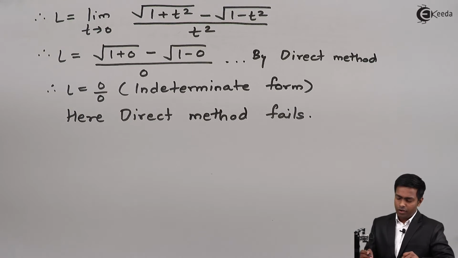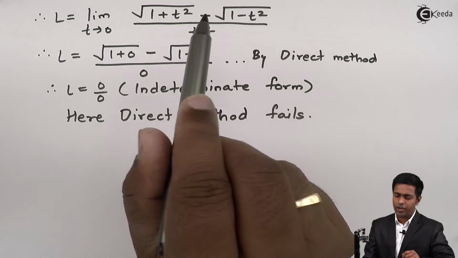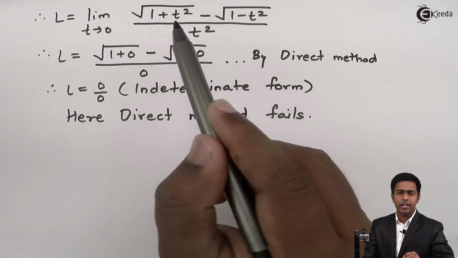And whenever the direct method fails, we look for some other method to get the value of the given limit. So here we'll again observe the function. In the numerator, we have two square roots with a minus sign in between.